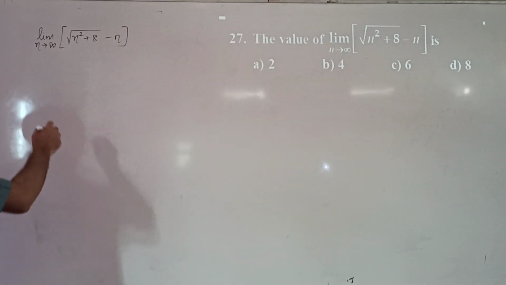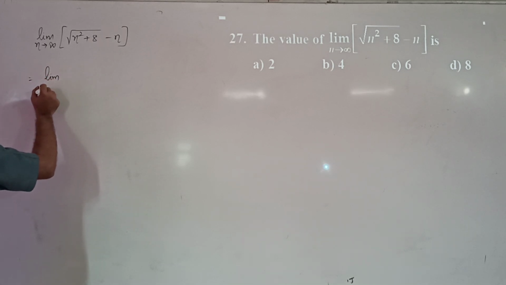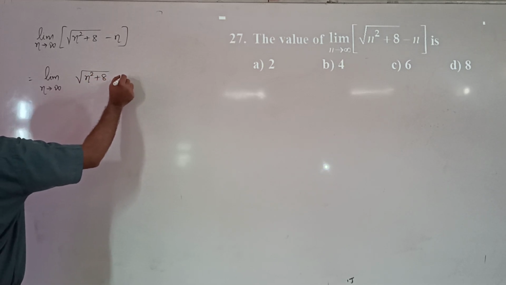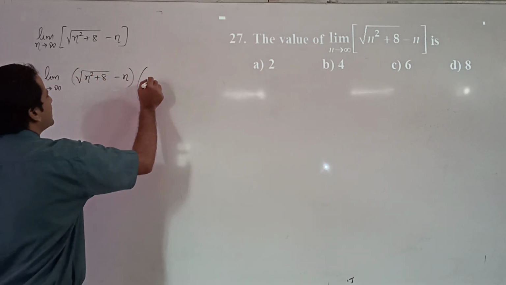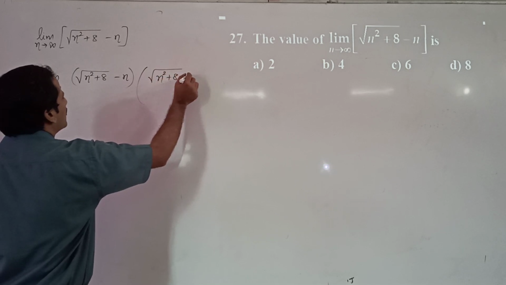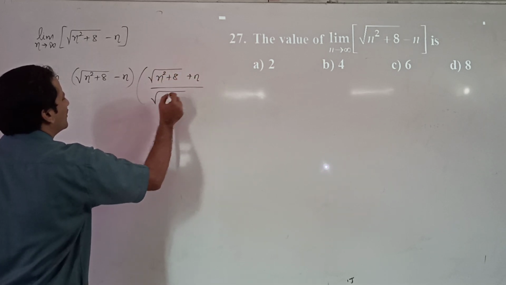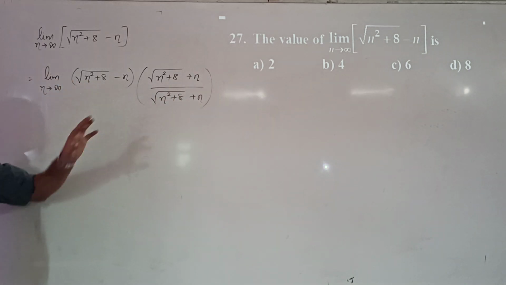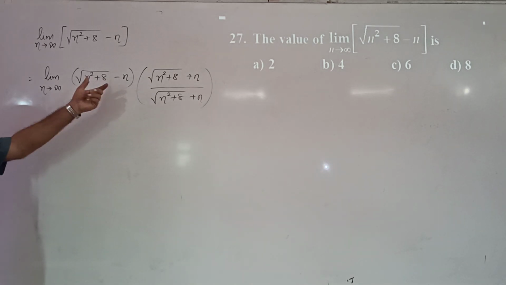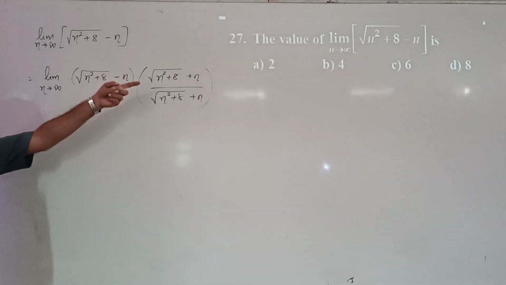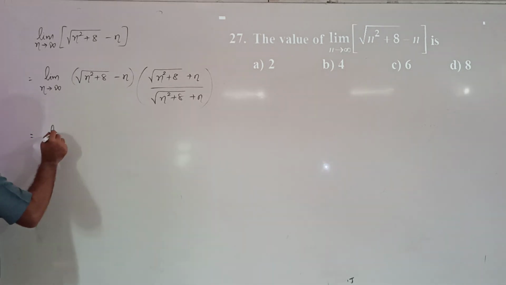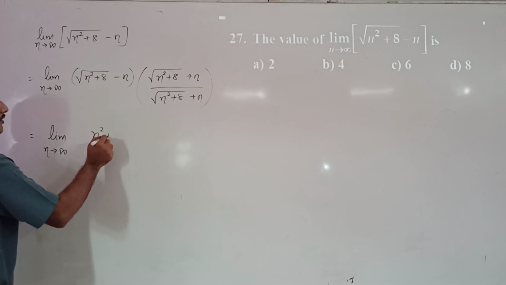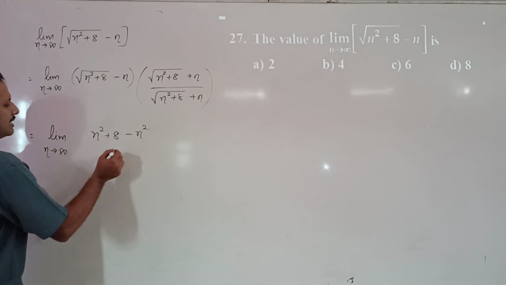I will rationalize this, that is, I am multiplying and dividing by root of n square plus 8 plus n. Now when I multiply, the numerator looks like a minus b into a plus b, which is equal to a square minus b square. That will give you n square plus 8 minus n square.